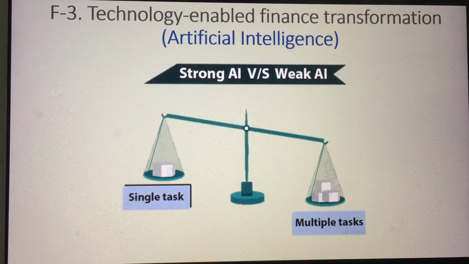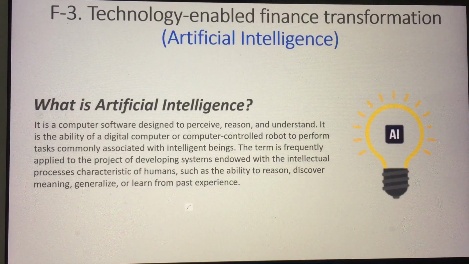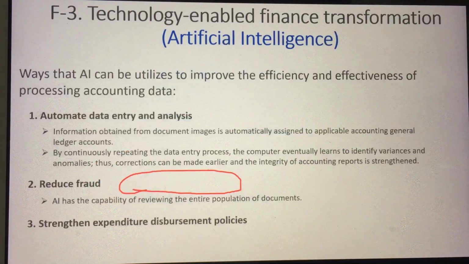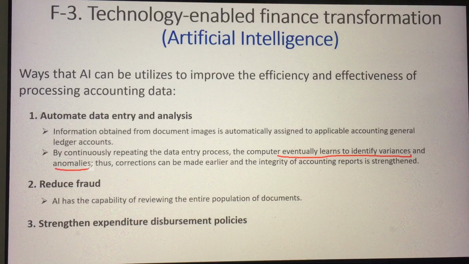Balik ako dito sa slide na to, guys. You can see here, on the last item, it learns from past experience. That's a very good characteristic of artificial intelligence. Ito po yung sinasabi niya dito, with regards to, it eventually learns to identify variances and anomalies.